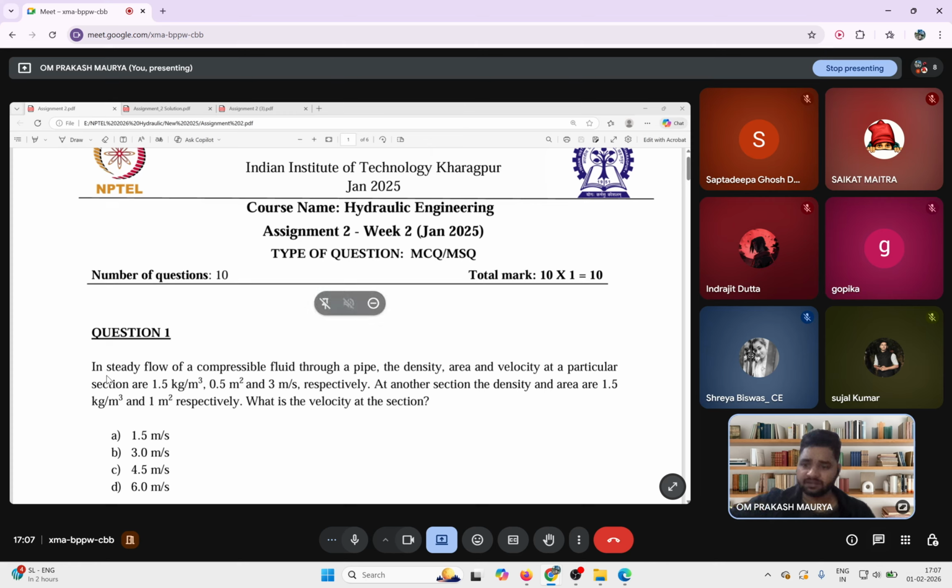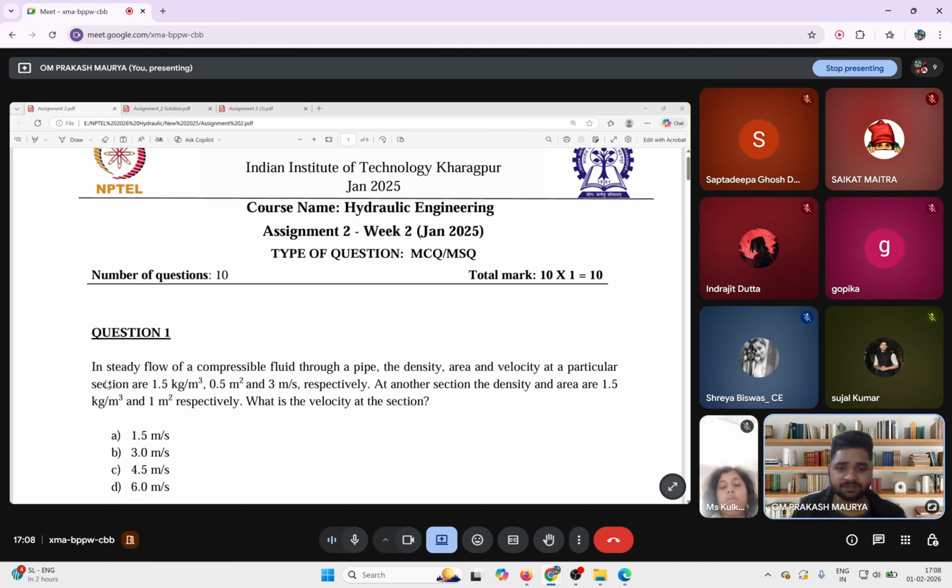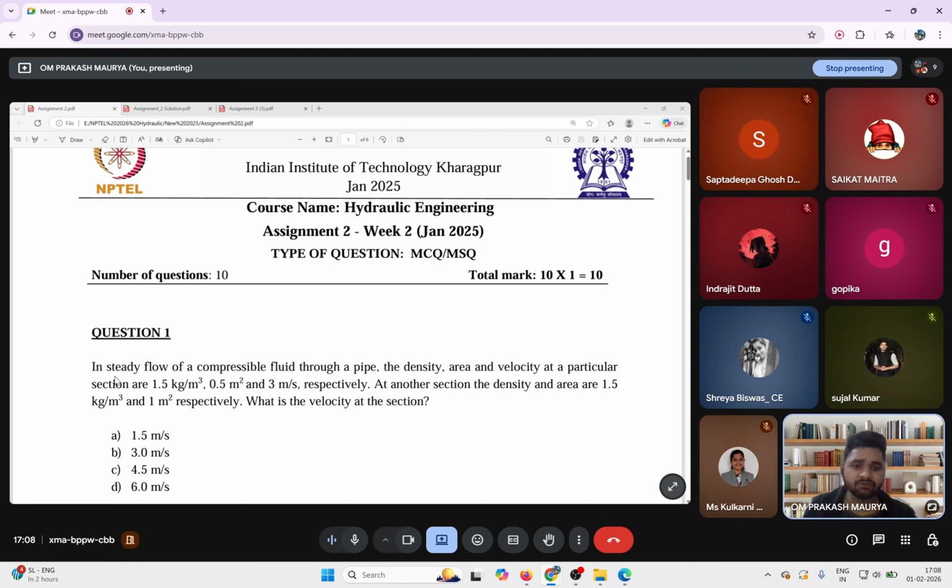In steady flow of a compressible fluid through a pipe, the density, area and the velocity at a particular section are 1.5 kg per meter cube, 0.5 meter square, and 3 meter per second. So here three data are given respectively.